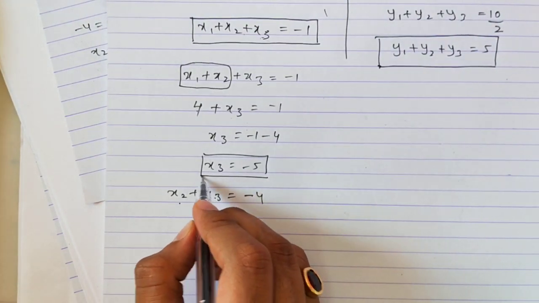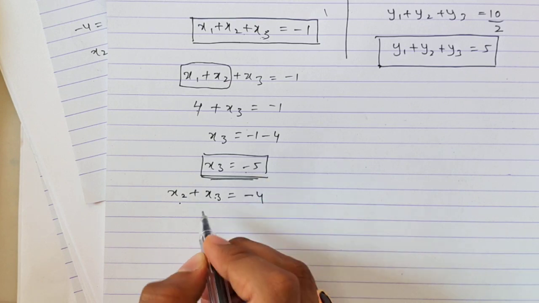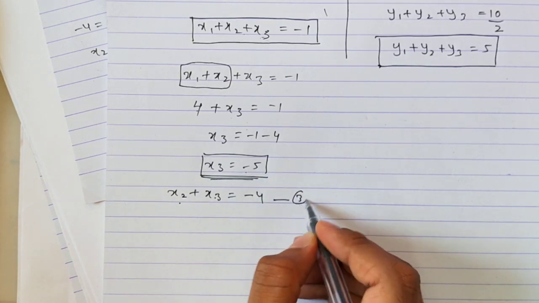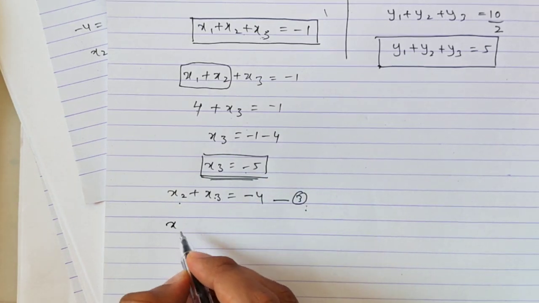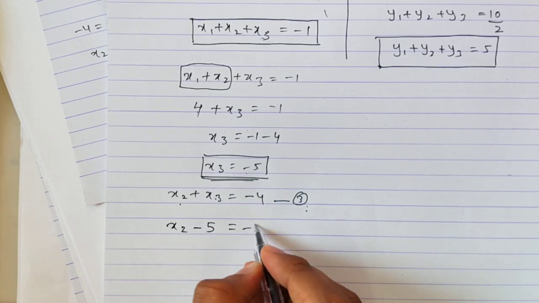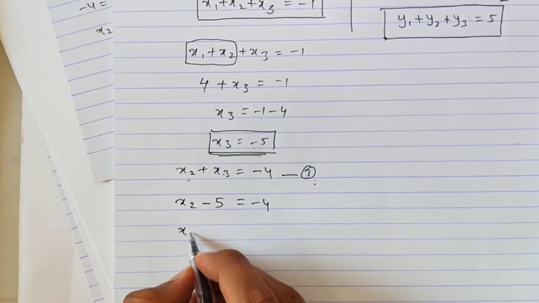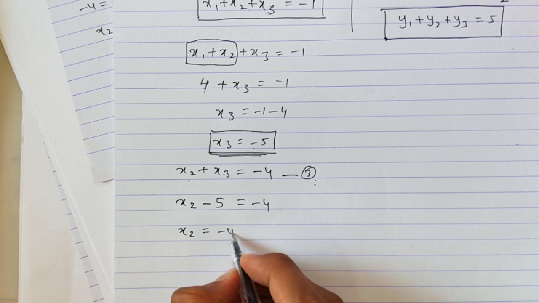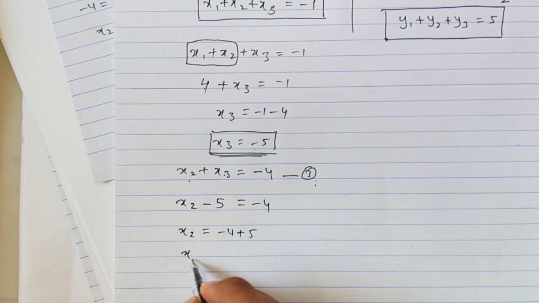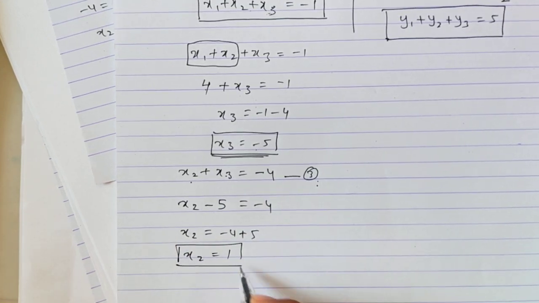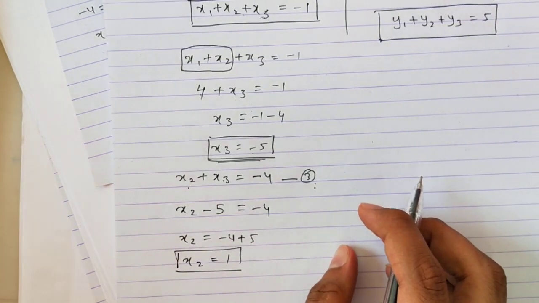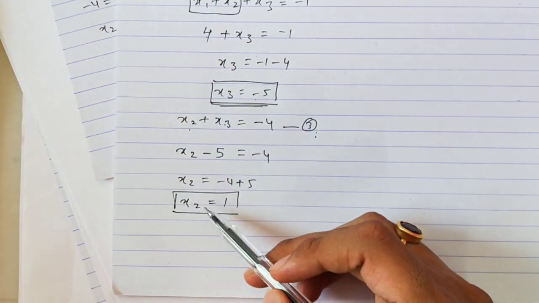What I'll do, I'll put this value of x3 as minus 5 here in this equation. This was equation number 3. So I'll put x3 as minus 5. So x2 is equal to minus 4 plus 5. So x2 is equal to 1. Okay, now I have x3 also, I have x2 also.